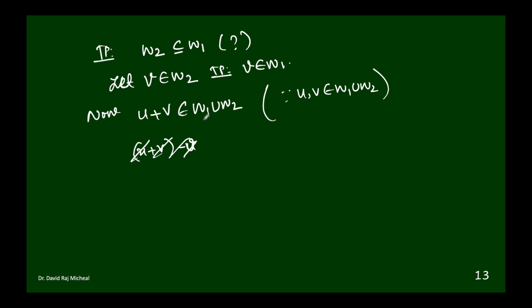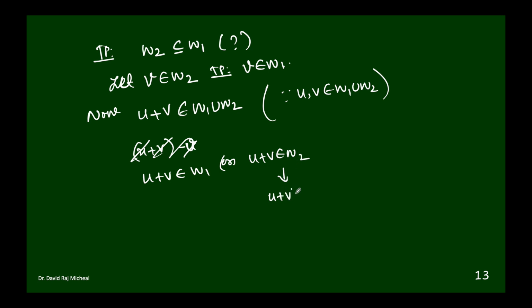U plus V belongs to W1 union W2, which says that U plus V may belong to W1 or U plus V belongs to W2. So either one of them can happen or both can happen. Now suppose U plus V belongs to W2, then what can I do?